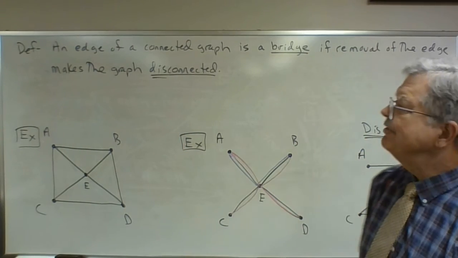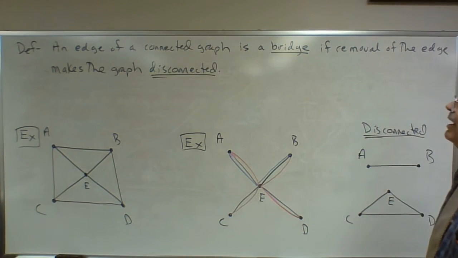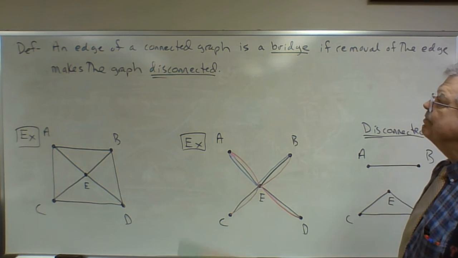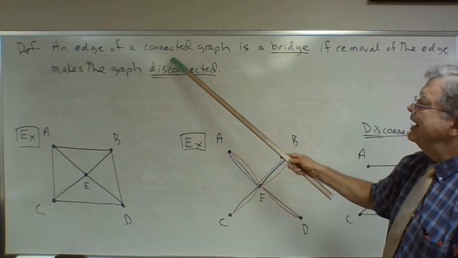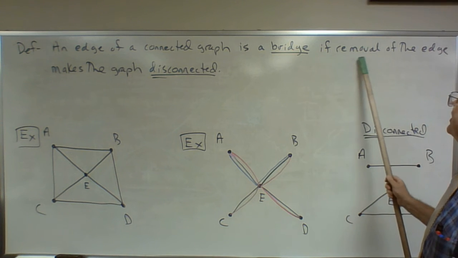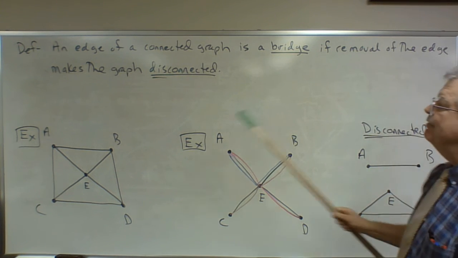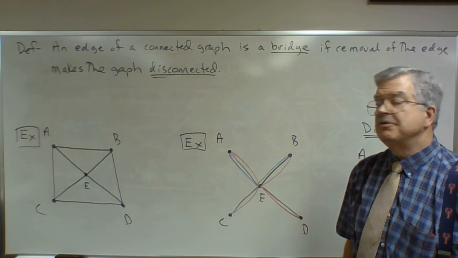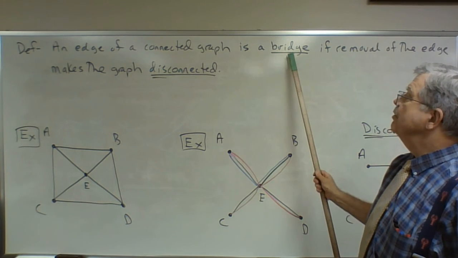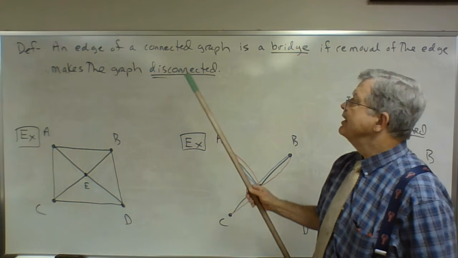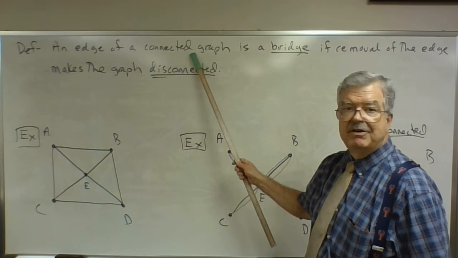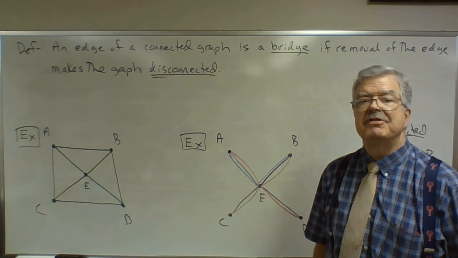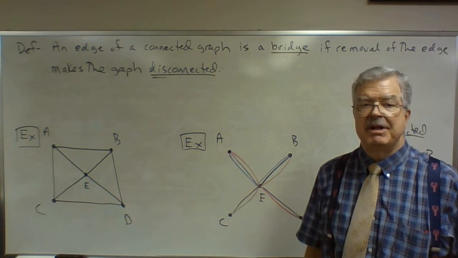This is our last topic, a bridge. An edge of a connected graph is a bridge if removal of the edge makes the graph disconnected. First of all, note that we can only have a bridge if we have a connected graph. If the graph is not connected, then there can't be a bridge.